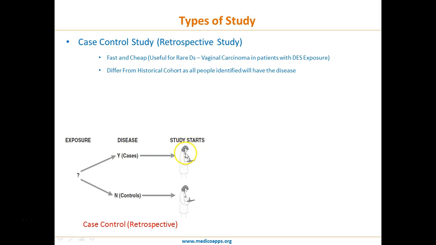So it's like this study moves backwards. Currently the patient has that disease, so the study is starting, and then we look behind at the factor. A good example of such a study would be vaginal carcinoma in patients with disease exposure.